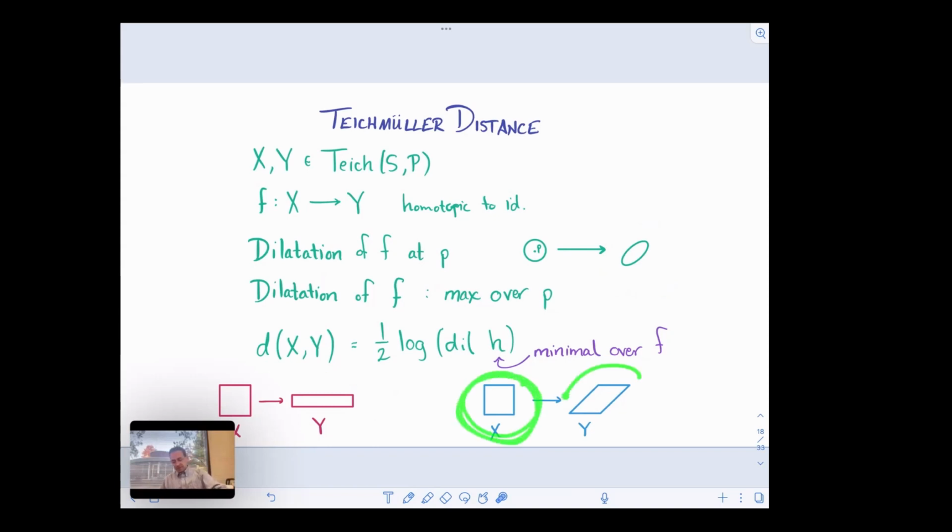This one is more interesting. If I take the square and the parallelogram with a 45-degree angle, the best map there is, again, the linear map. I guess maybe that makes sense. So (1 1; 0 1) is the best. Is that right?